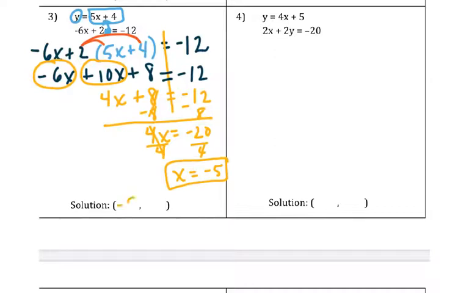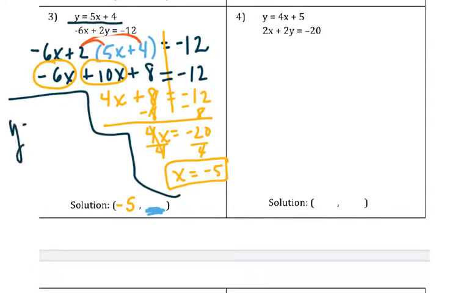So now in the x spot of the ordered pair, I would know that they cross when the x value is negative 5. Now I don't know what y is yet because this spot is still blank. So I go back to the original equation, and it says right here, y is. Okay, that's what I need to know. y is 5 times x, and instead of x I'm going to replace it with what I now know that x is, plus 4.